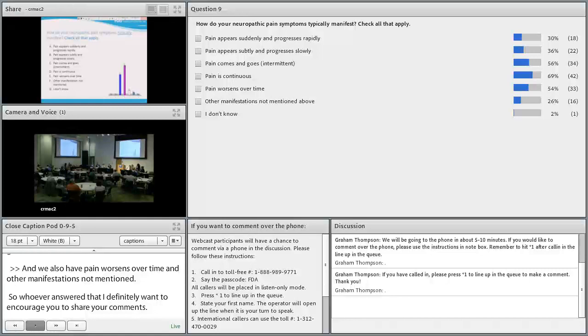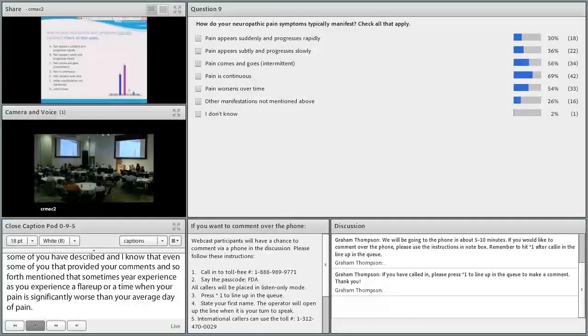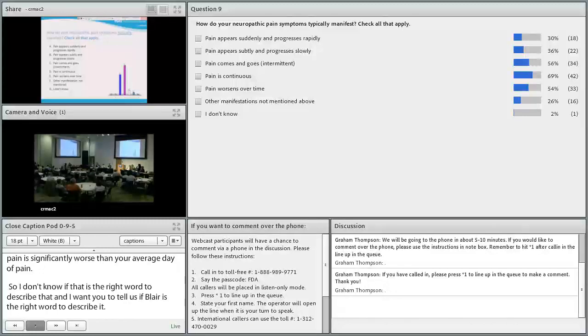I don't know if that's the right word to describe it, and I want you to tell us if flare-up is the right word. But can you share with us what an average day of experiencing the pain or the tingling or the numbness is like, and what it feels like on your worst day? Is there a flare-up, and what does that feel like?